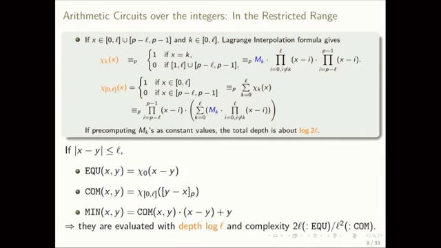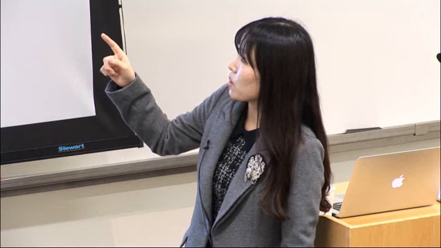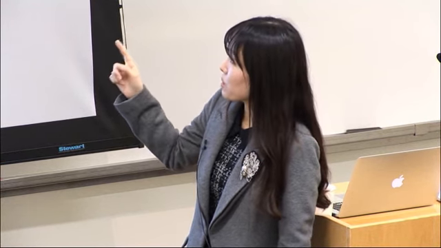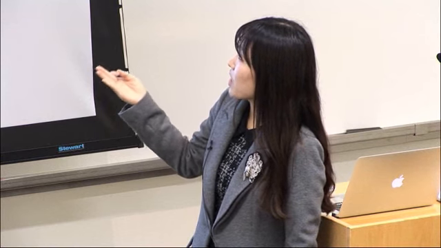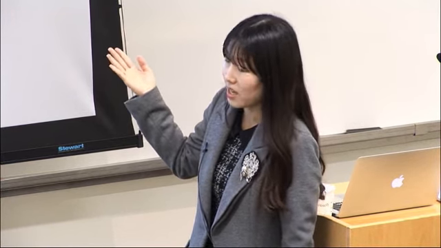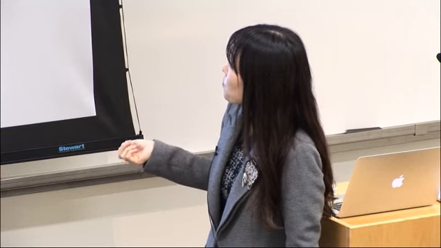And the next slide is about when the domain is restricted to intervals, for example, x is from 0 to L or from p minus L to p minus 1. Then the characteristic function and the step function can be expressed using the Lagrange interpolation formula.